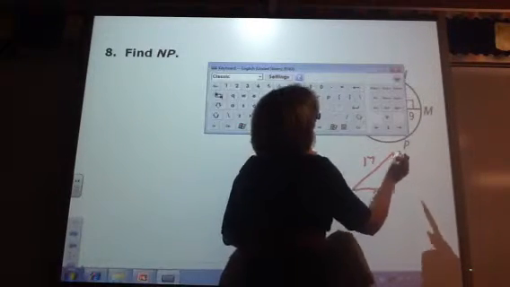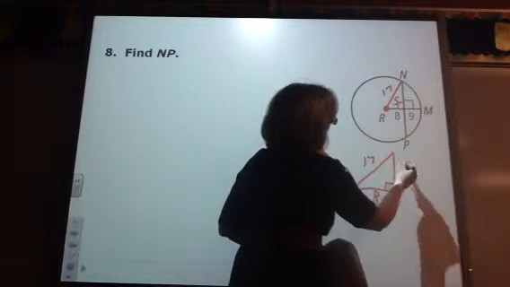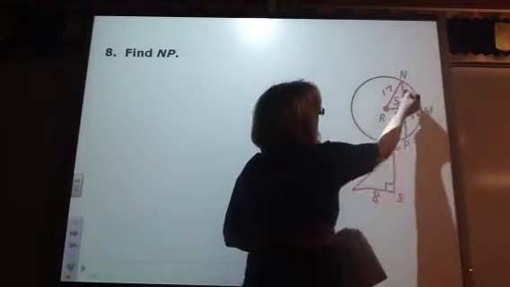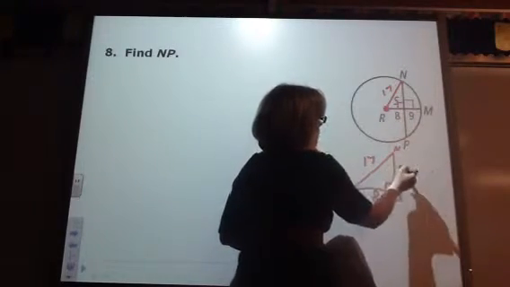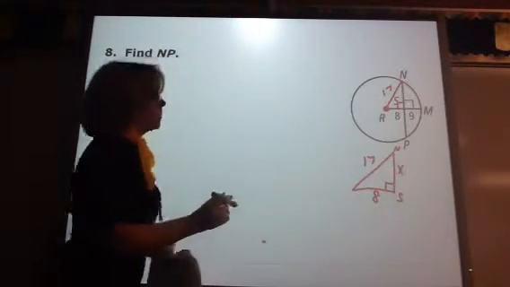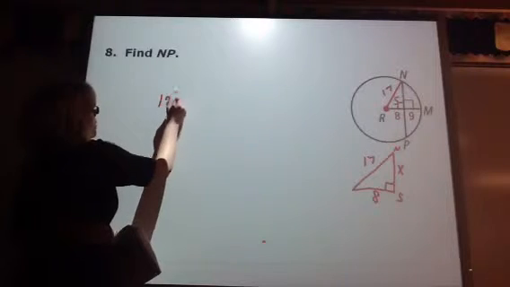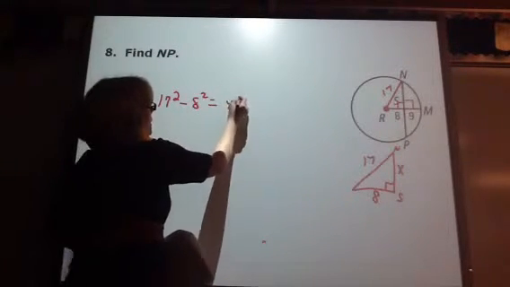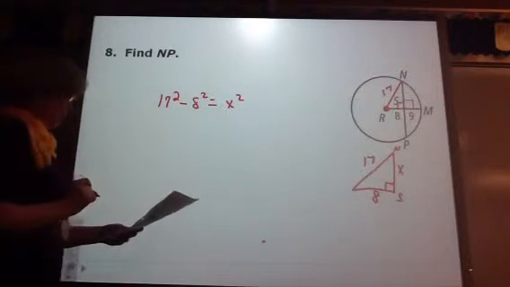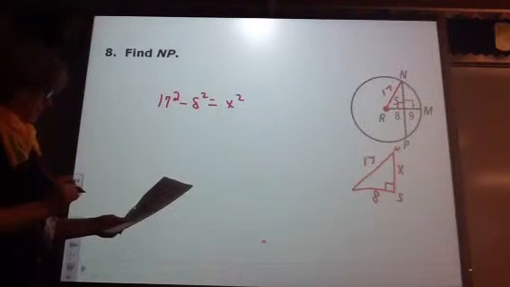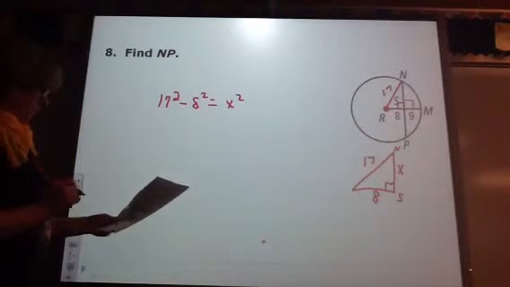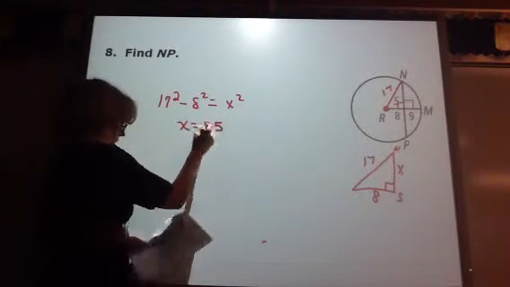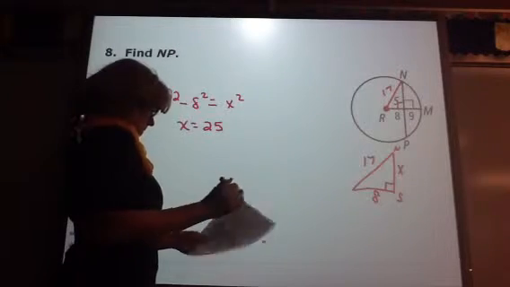And we can find what this is, which is NS, half of the segment we're trying to find, by using the Pythagorean theorem. So that would be 17 squared minus your leg squared will give me that second leg squared. When you solve all this, x is going to be 25. No, it's not.